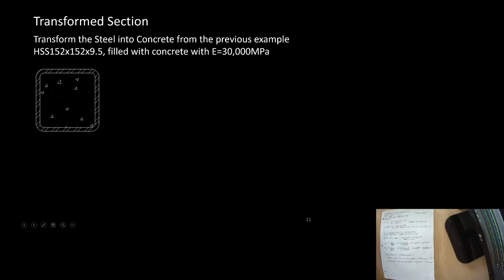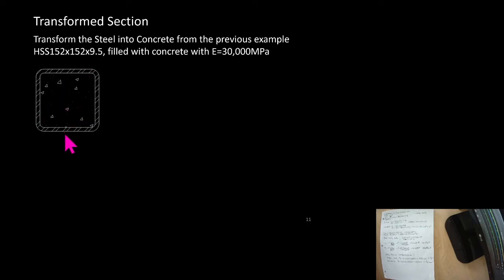So let's take that example we did previously with the HSS filled with concrete and transform the steel into concrete. We saw what stiffness would go where. We know that the combined total stiffness of this system must remain the same.